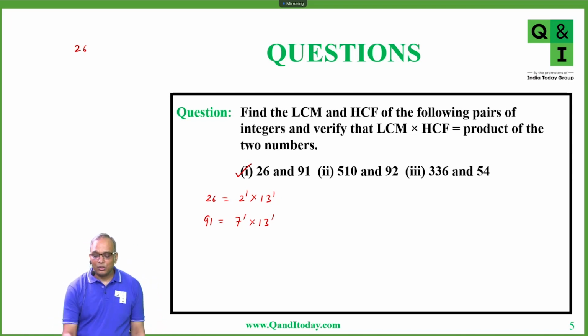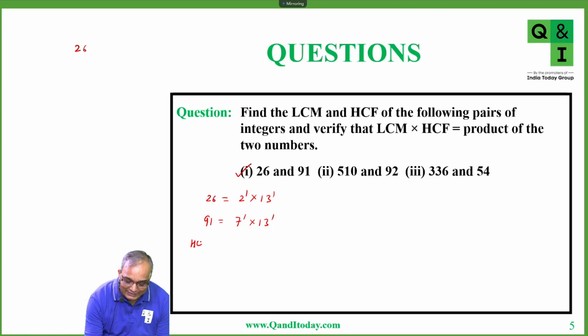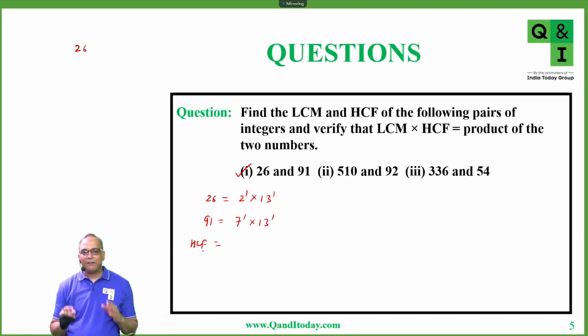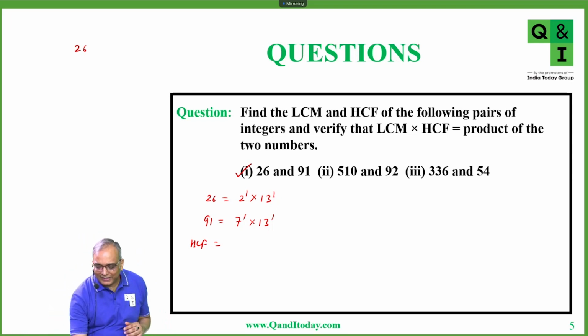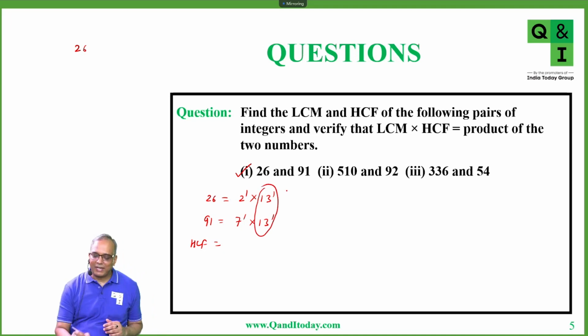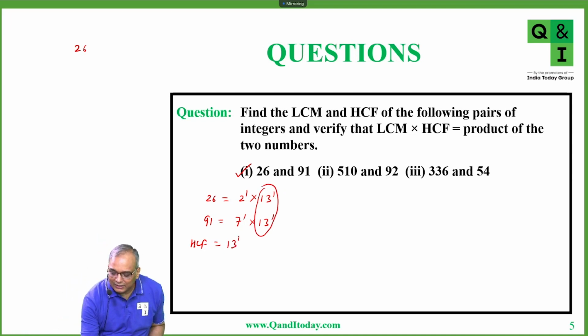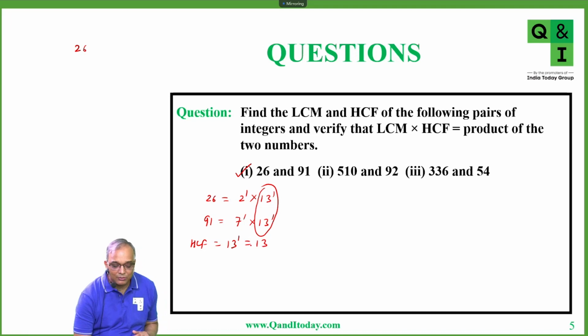Right? Once you have done the prime factorization, how do you find the HCF? HCF is found by taking the common factors with the smallest power of each common factor. The common factor we can see is 13, and the smallest power is 1. So HCF is 13 to the power 1, which is equal to 13.